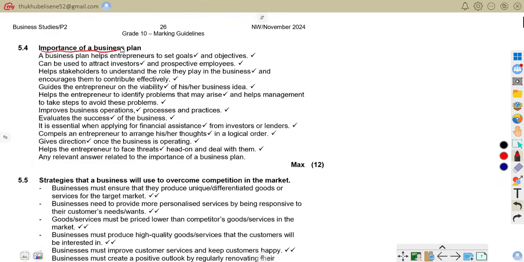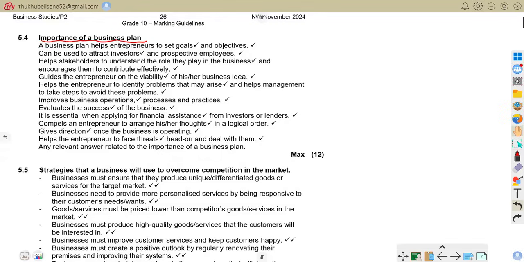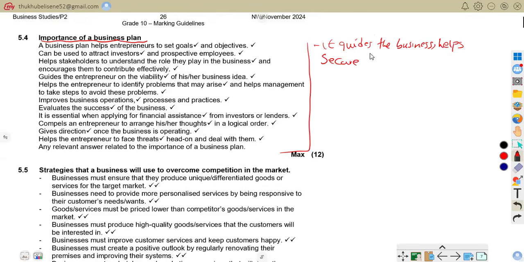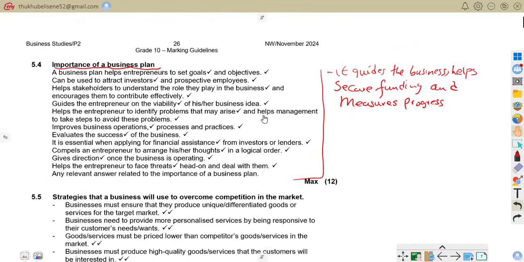The importance of a business plan: it guides the business, helps secure funding, and measures progress. That is the importance of a business plan.